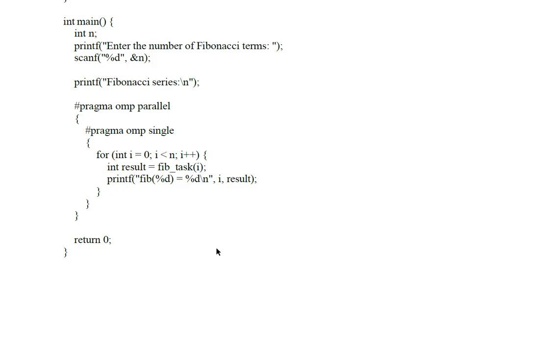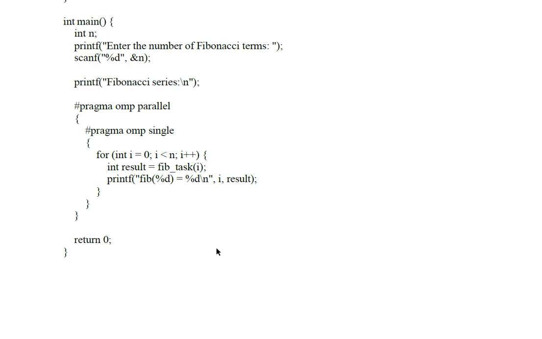After all the numbers are printed, the program ends normally. For example, if you want to compute Fibonacci of 5, then 5 will be split into 4 and 3, then 2, 1 and then 0, 1, 2, 1, 0.